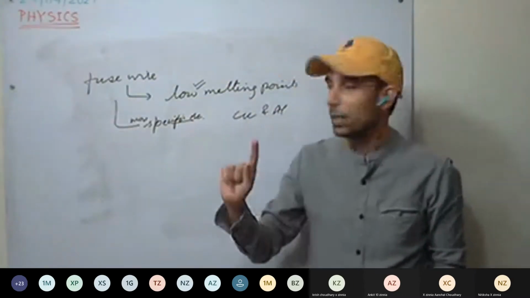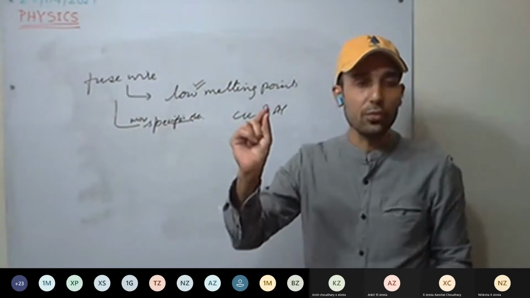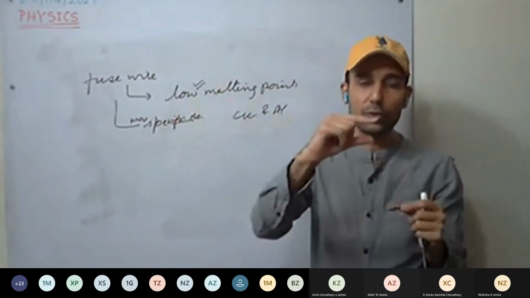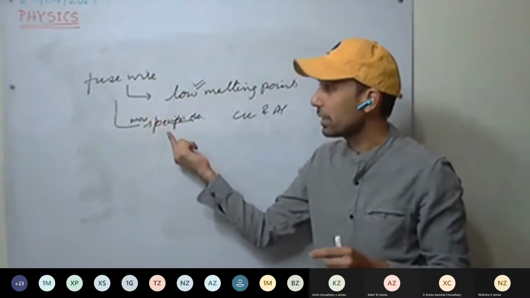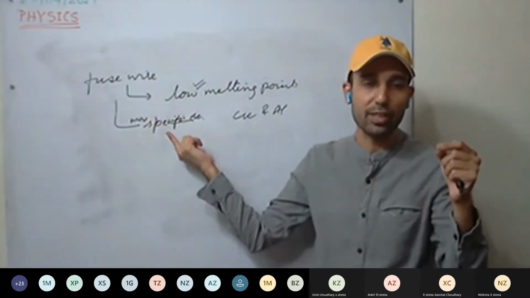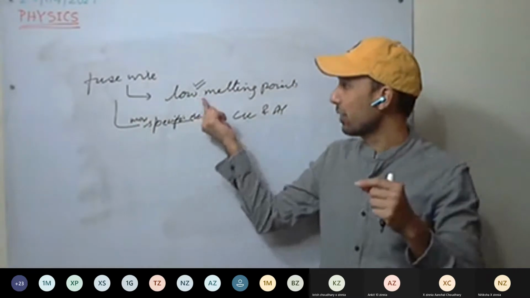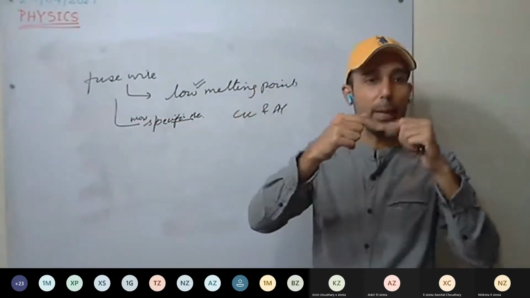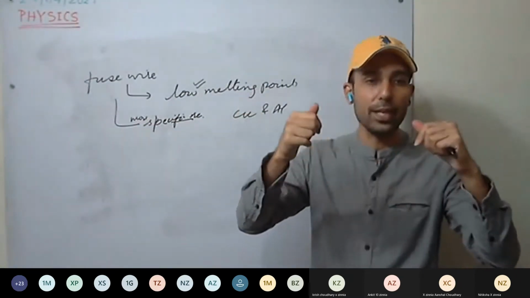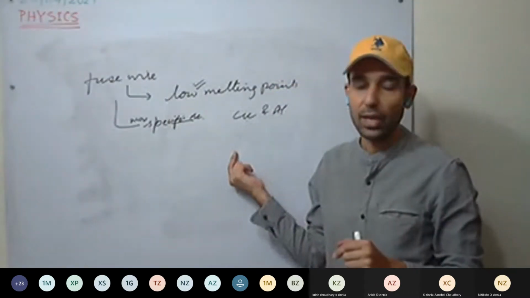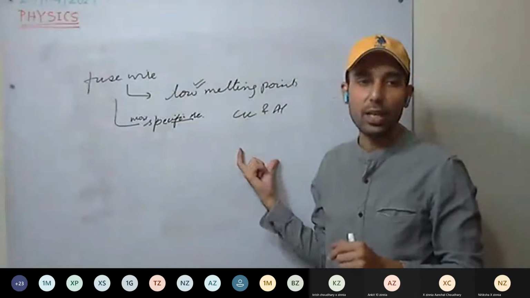Now see here, for example, a particular current flows, and it exceeds, now more current flows. Therefore, since this fuse wire has more specific resistance, what will happen? It will get heated more, and since it has low melting point, it will melt. As it melts, it breaks. It means our wiring, copper and aluminum wire, is saved, as well as our appliance.